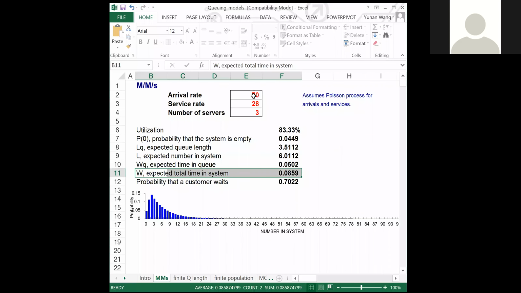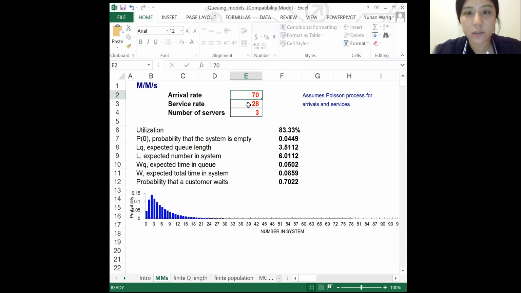Okay. So let's start from here. Arrival rate is 70 and service rate is 28 because we just calculated that, and the number of servers is 3.